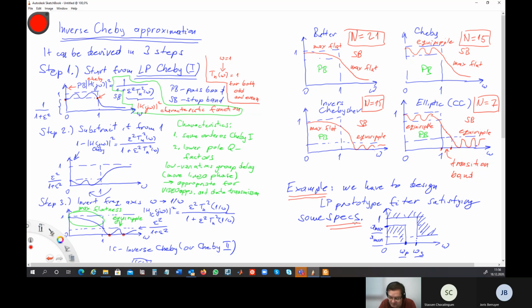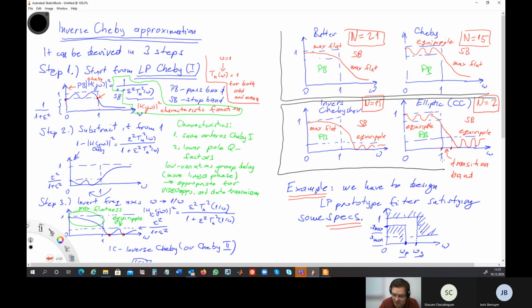And now we can group these filters into two very important groups. First group and second group. What is the first group and what is the second group? The first group is called all-pole filters. When you open any book, you will find this.